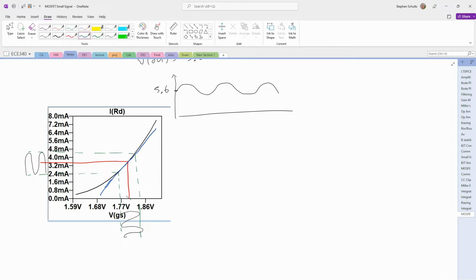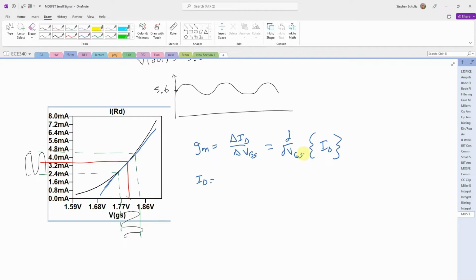The slope of that line is basically going to be the derivative of my current. Before, we had gm equal to delta ID over delta VGS. So this is going to be equal to the derivative with respect to VGS of my current. Now we can plug in, since we know we're in active.